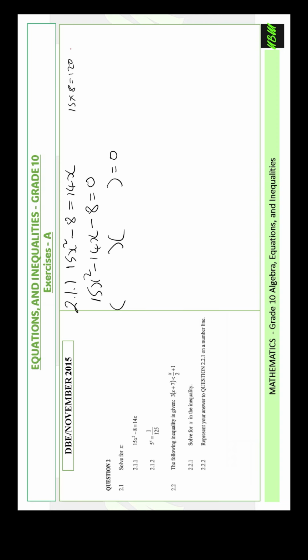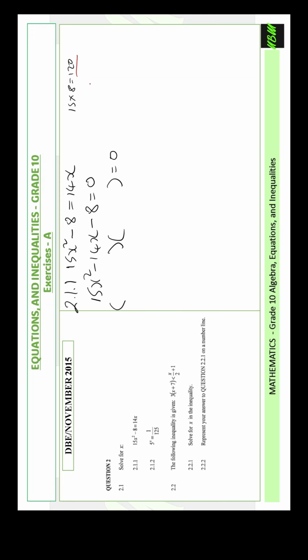So now we want the factors of 120, but we want them such that when we add them together or subtract them, we should get the middle term, which is minus 14x. Now, firstly, let's check the sign of the last term. The sign of the last term is negative.